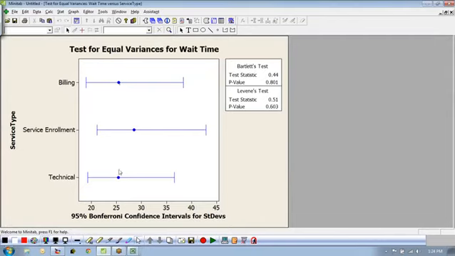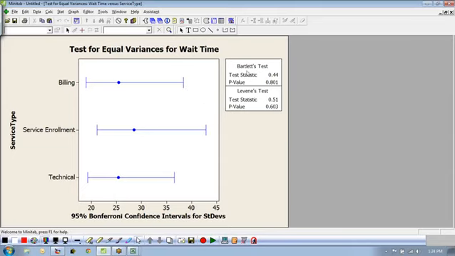Basically, these are all confidence intervals for the variance, or for the standard deviation. In fact, they are 95% Bonferroni confidence intervals. In case you really wanted to impress your friends, you can say that they're Bonferroni confidence intervals. I'm sure that will really impress them. Maybe not the way you hope to impress your friends.